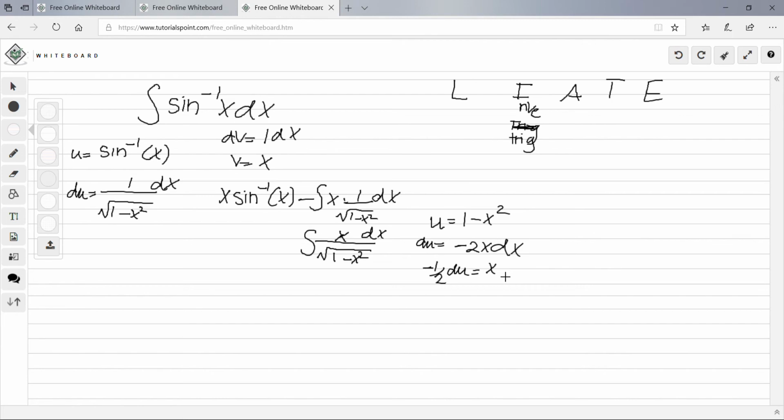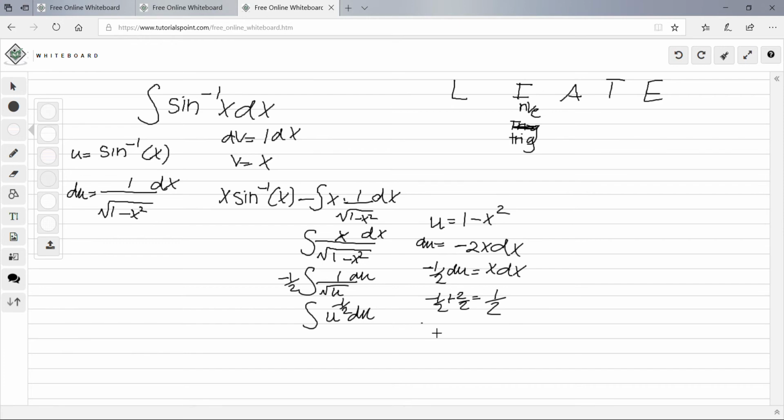So that's just x dx, right? So it's going to be the integral of this constant, so I'll put it in front, 1 over square root of u times du. That's like saying u to the negative 1/2, right? And you know how to take the integral of this, so it's negative 1/2 plus 1, so 1/2.